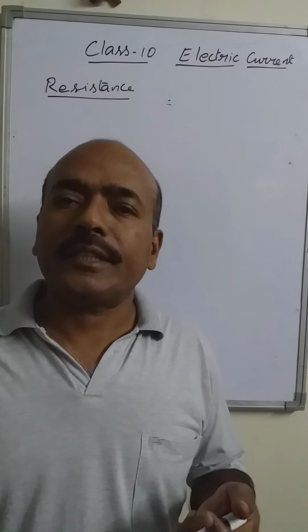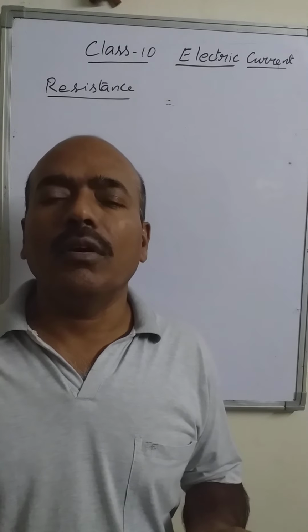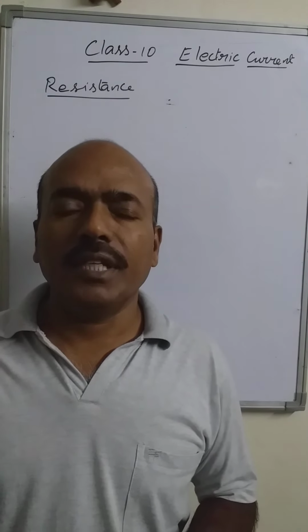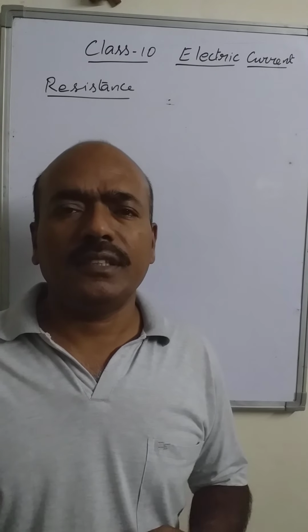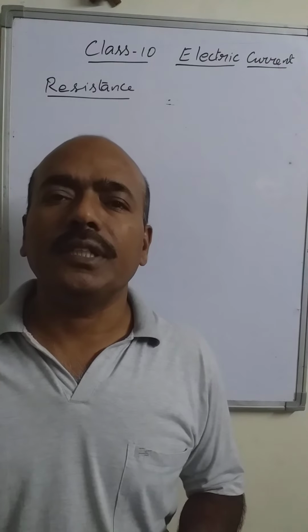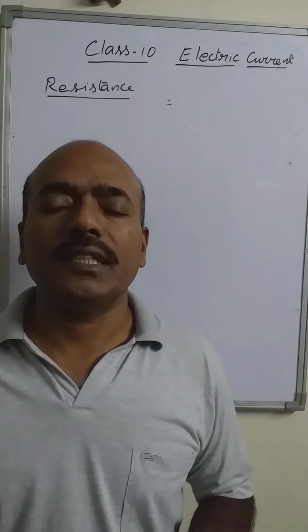That was experimentally verified. The ratio of V to I is always constant. We cannot say always, up to a certain limit the ratio is constant. It was experimentally verified.